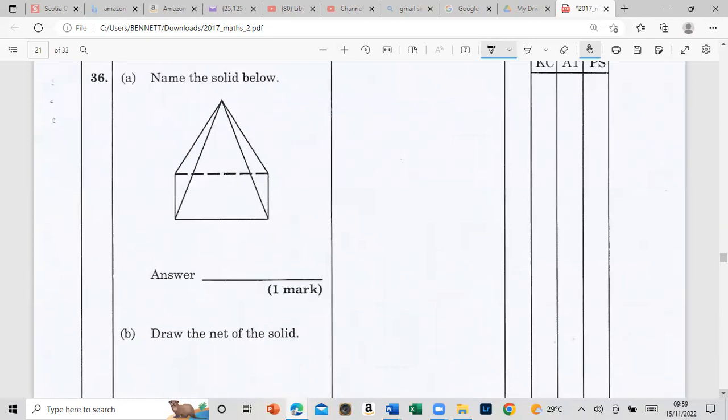It says name the solid below. So it has a square base. So that would be a square base pyramid. Okay, here, not writing. So this would be a square base pyramid.